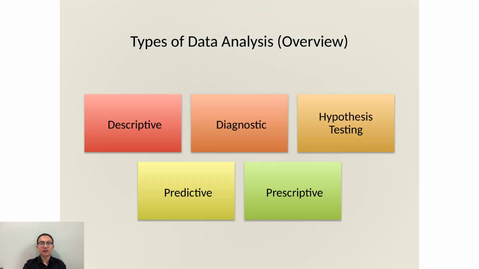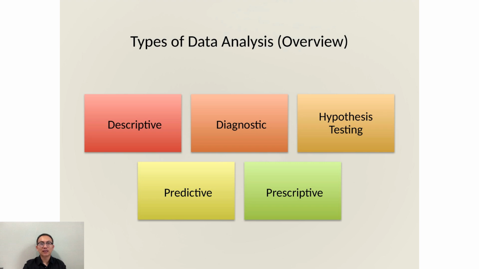There are 5 main types of data analysis: descriptive analysis, diagnostic analysis, hypothesis testing, predictive analysis, and prescriptive analysis. We usually start with the first 2, descriptive and diagnostic, which together form exploratory analysis. This helps us understand what happened and why.